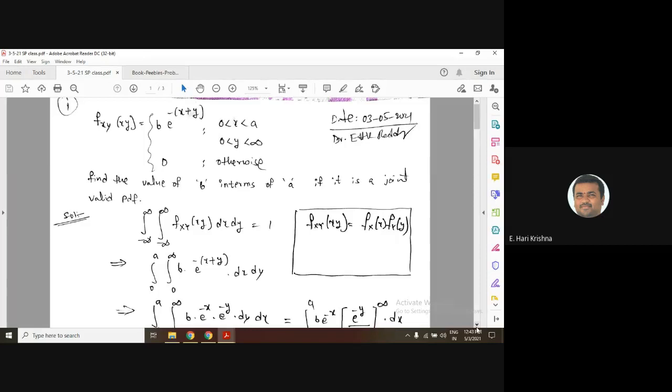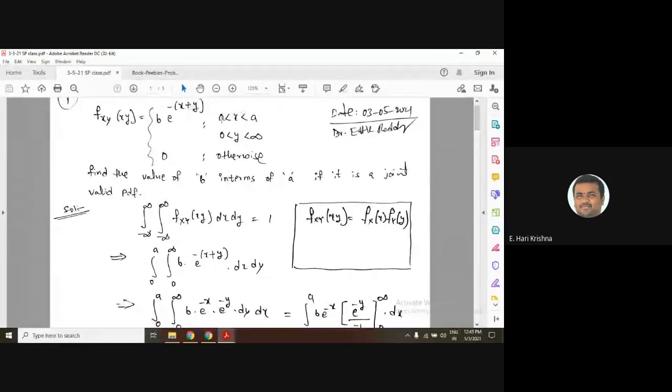The signal actually exists with x limits from 0 to a, y limits from 0 to infinity. For other values, its value is 0. So now we are taking the integral limits, x from 0 to a, y from 0 to infinity, and the given function is b into e power minus (x plus y) dx dy.